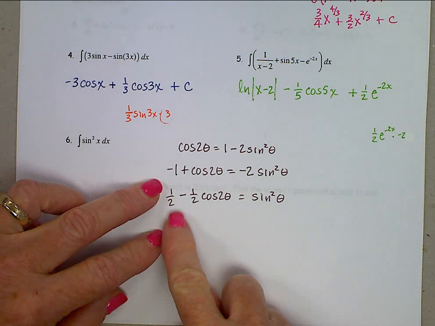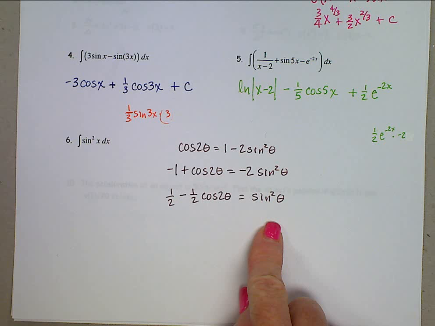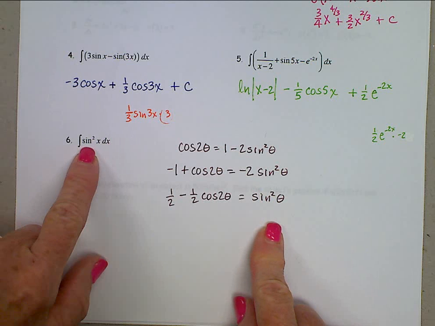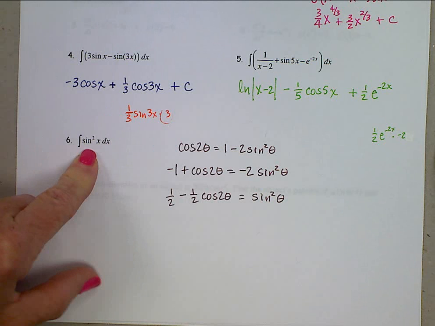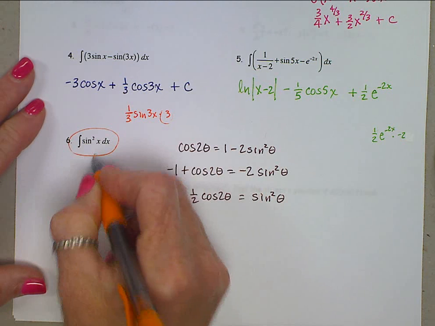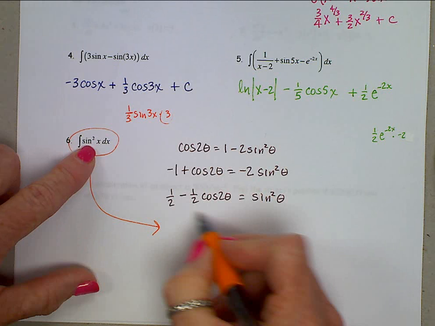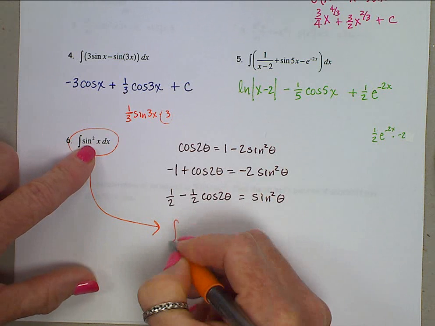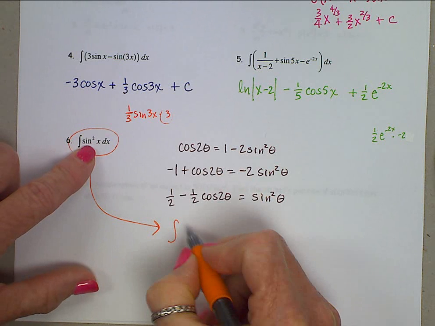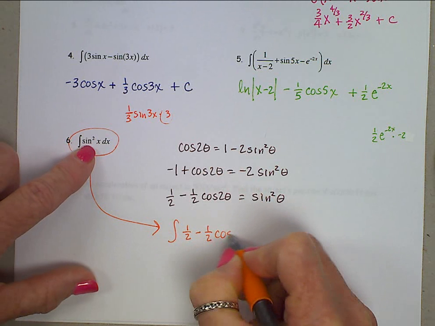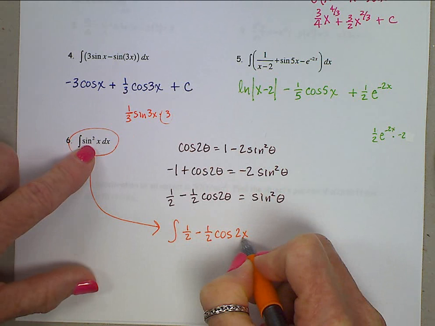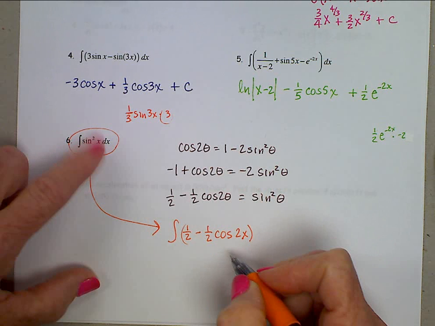Now take this statement right here and replace out sine squared. So this is coming down here, and I'm going to replace out sine squared with this mess right here. So we end up having the integral of 1/2 minus 1/2 cosine 2x, because we're in x's now, dx.